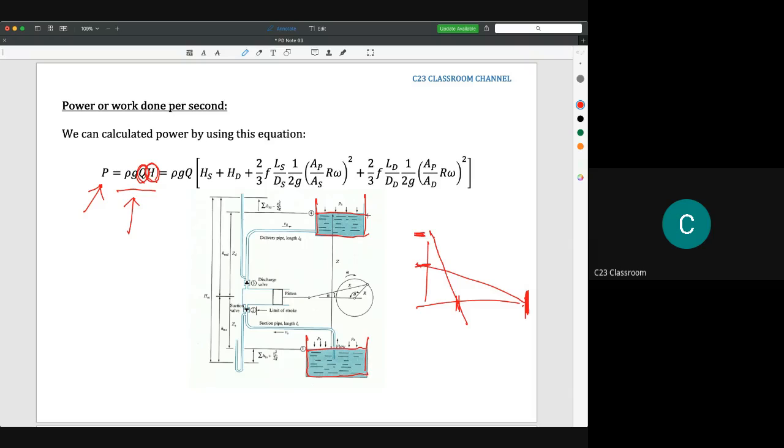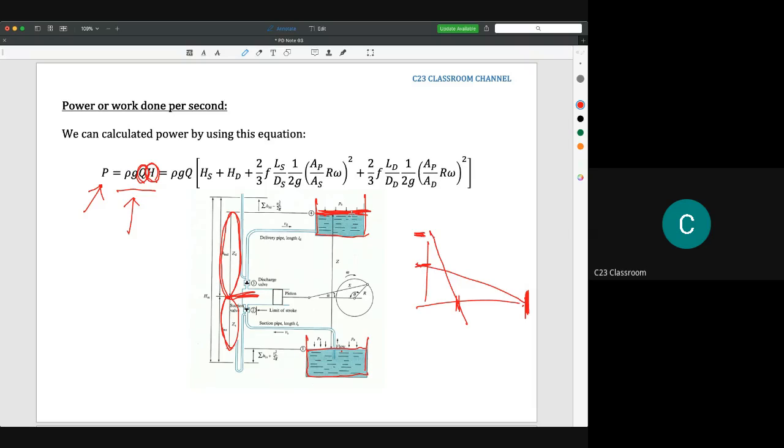To calculate the total power that needs to be supplied to a piston pump, first you need to overcome the suction head. The suction head is the level between the inlet and the center point of your piston pump. Then you need to overcome the delivery head, meaning at least you need to make sure that your pump can transfer water to the outlet surface here.